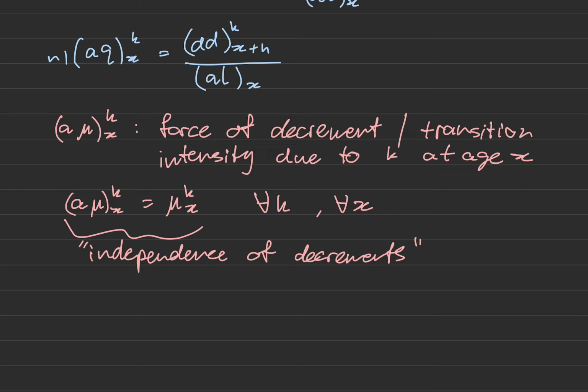And so the independent transition intensity is no different from the dependent transition intensity, because at that particular point in time, the life can be removed from the active state by only one of them. There's only enough time for them to be removed by one of them. And so we're assuming that those two forces are exactly the same.